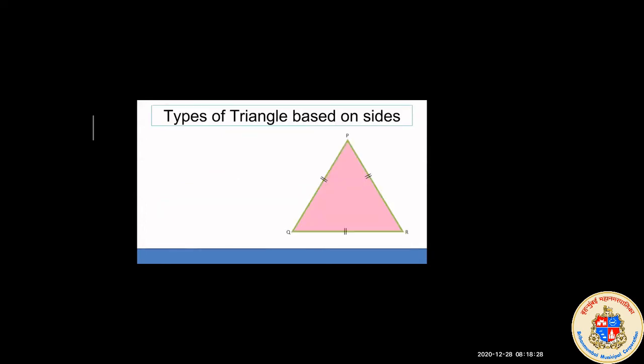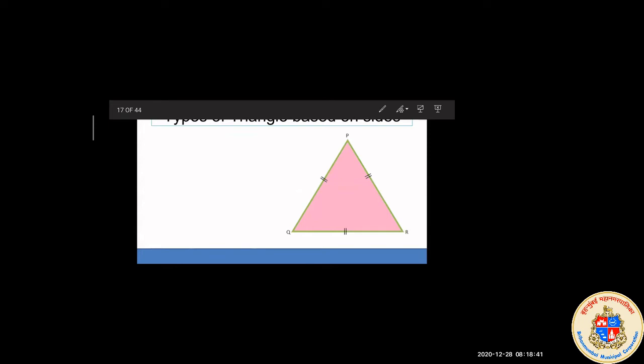Now see, if you watch the triangle carefully, the name of the triangle is triangle PQR. If you watch the triangle carefully, you will understand. See, there are two lines denoting something. What do these lines denote, do you know?